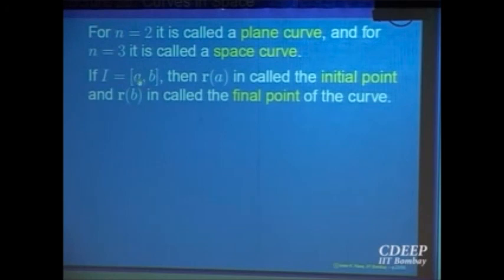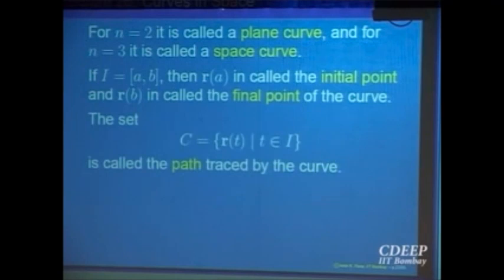The starting point, r(A), is called the initial point, and r(B), the position at the time B when it stops moving, is called the final point of the curve.